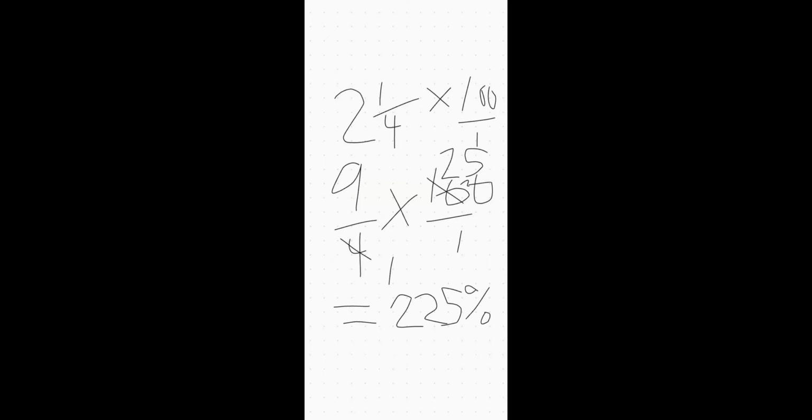Exactly, 225. So you know, some people get surprised when they see percentages being more than 100. But this is a good example that shows you it is possible. It's even more than 200, so it's possible.